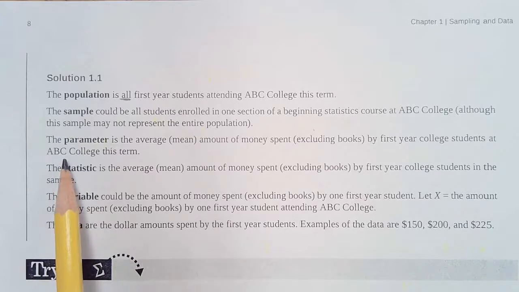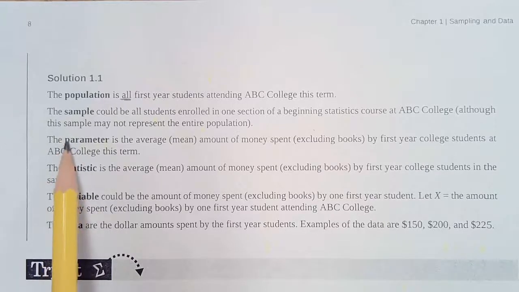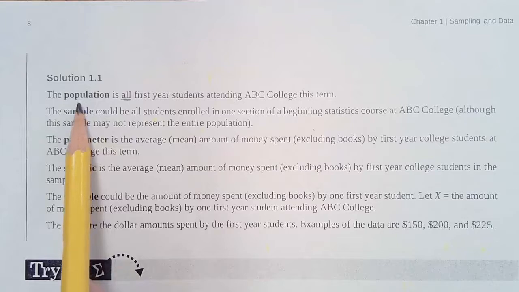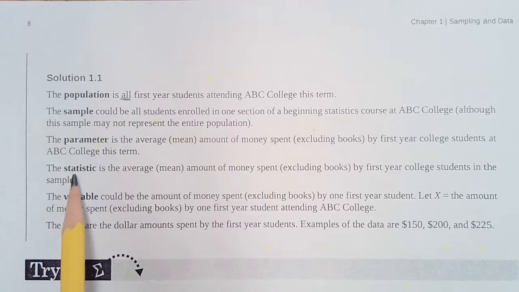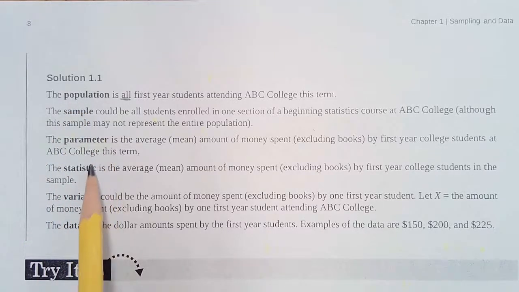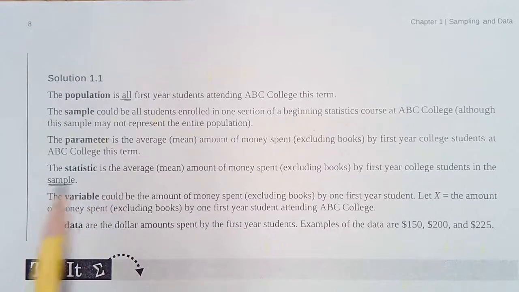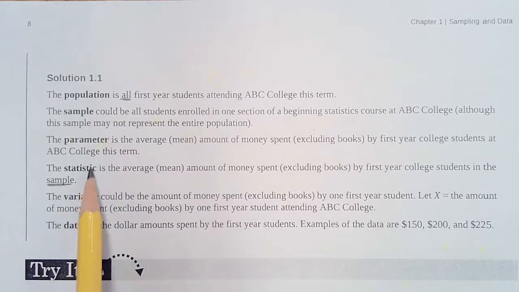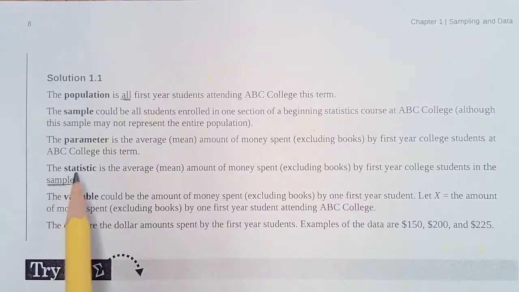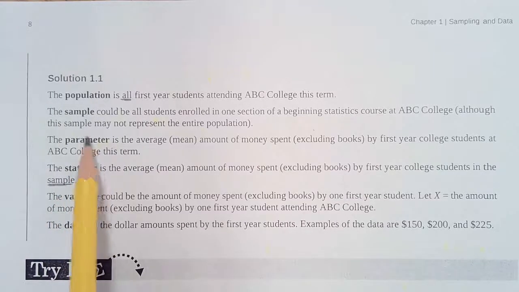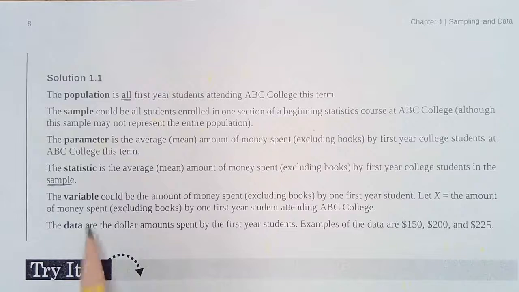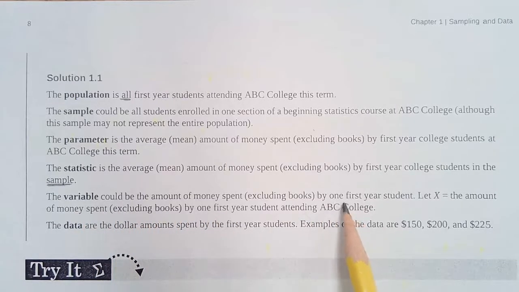So the parameter goes with the population, so it has that all. Now the statistic is the same thing as the parameter, except it's from the sample. The statistic is a measurement from the sample, and the parameter is the measurement from the population. The variable is the amount of money spent by one first-year student, excluding the textbooks, who attended ABC College. And the data are the dollar amounts.